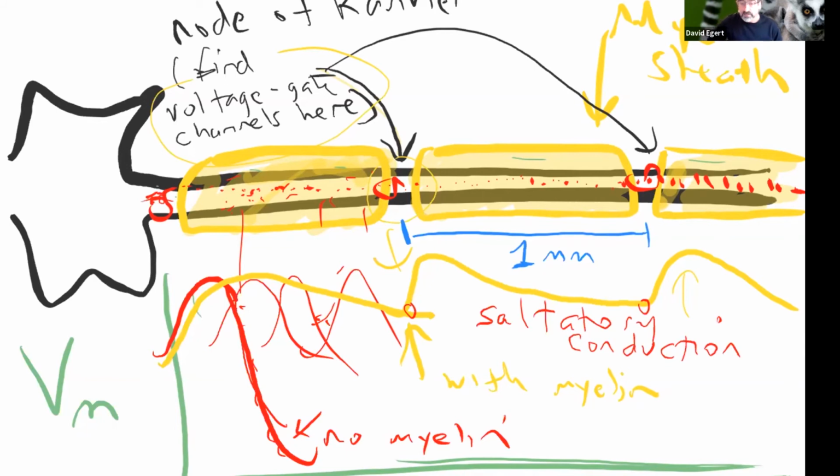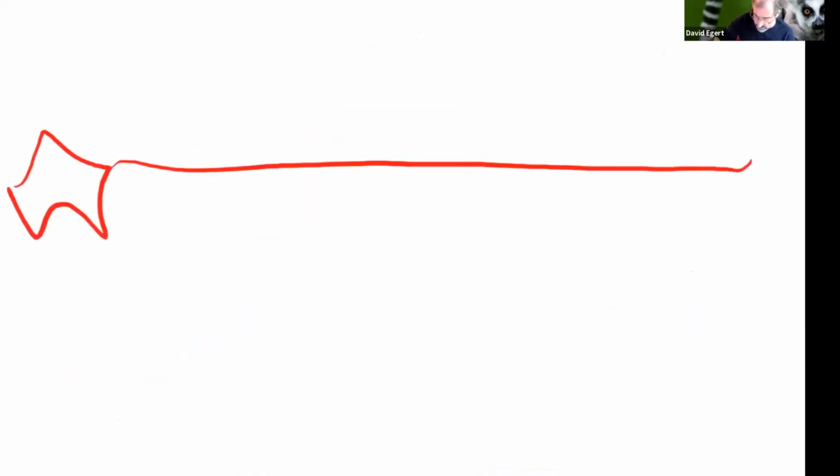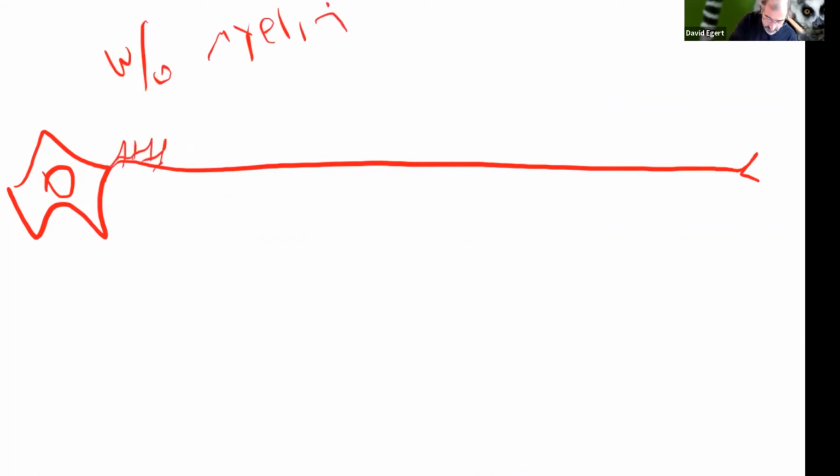Right, so again, without myelin, it's regenerate, regenerate, regenerate, regenerate, regenerate. Every little piece of the membrane has to have channels that open to make sure that the signal doesn't die off and makes it to the very end.